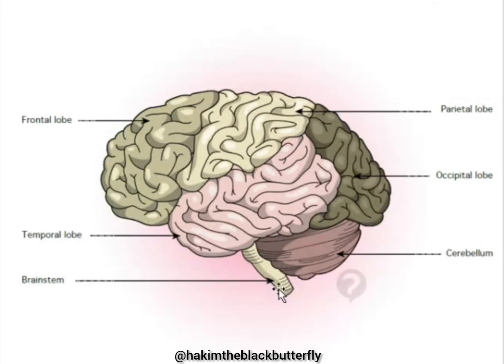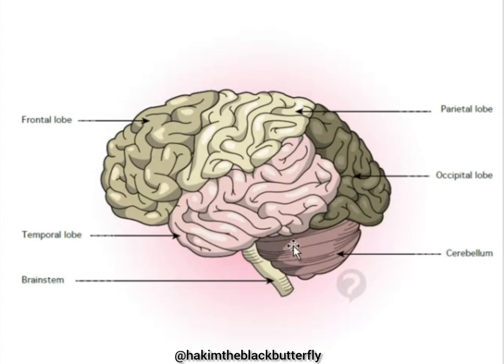And anterior to it, you have the brain stem, which will be our next lecture after cerebellum. So superior to it, you have the occipital lobe and the tentorium cerebelli. Anterior to it, you have the brain stem.